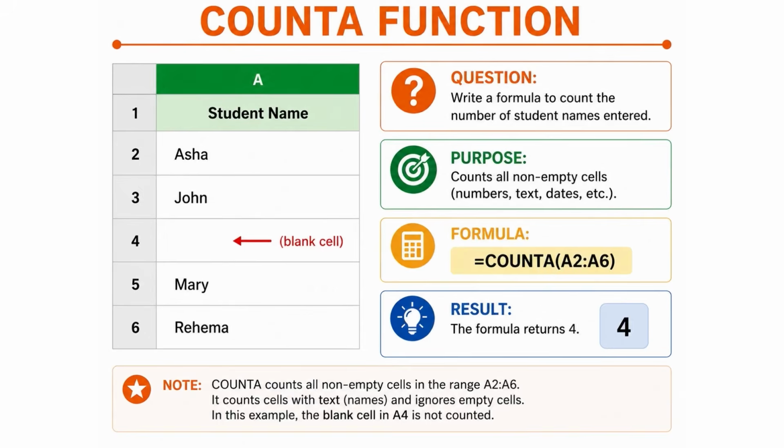Notice that we use a colon because the cells form a continuous range. This formula tells the spreadsheet to count all non-empty cells from A2 to A6. Whenever you want to count cells that contain any type of data, use the COUNTA function.